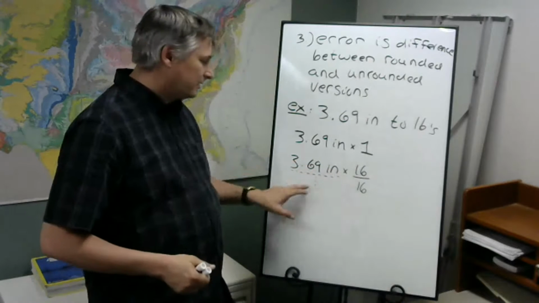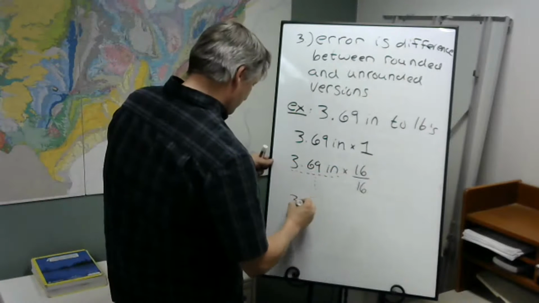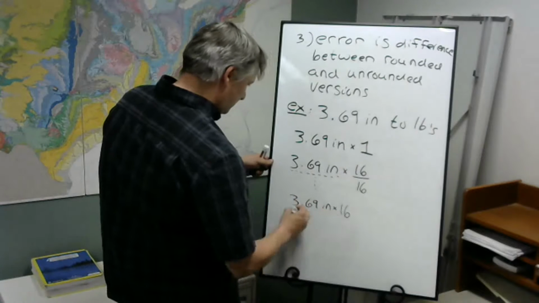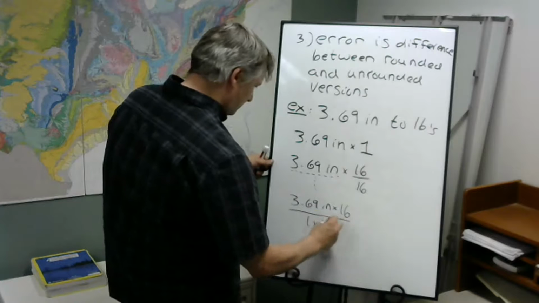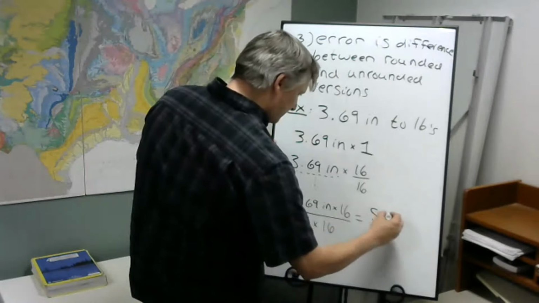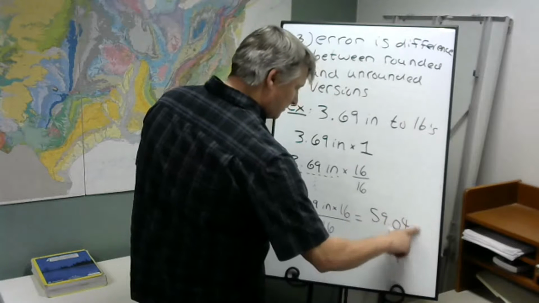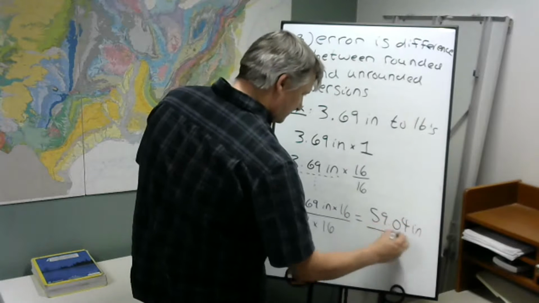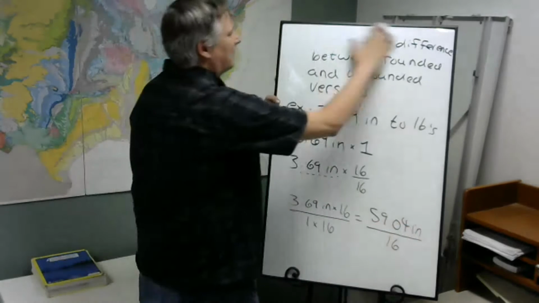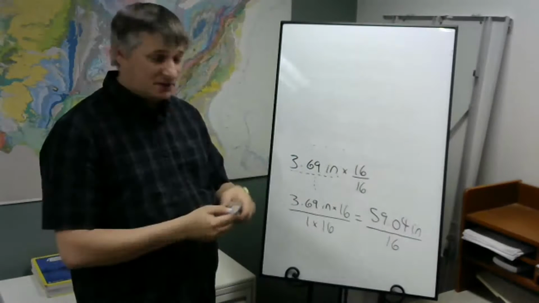So we're going to multiply across. And that's going to give us 59.04/16 of an inch.